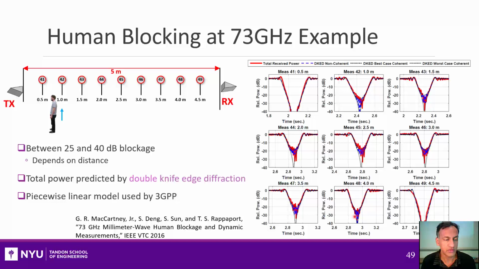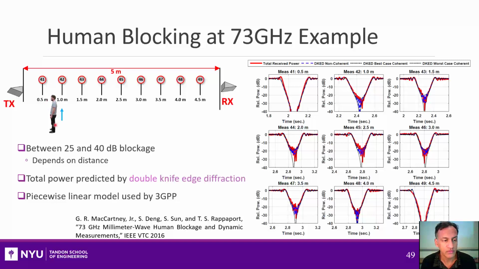Now, just a very nice experimental sort of evidence of this. This was actually done by a graduate student here at NYU under my colleague Ted Rappaport. So they were at this time looking at 73 gigahertz diffraction around a human body, with one of the key obstacles in the millimeter wave bands.